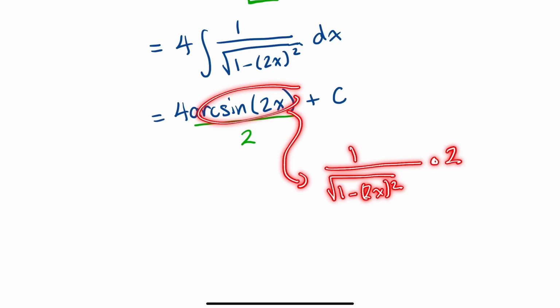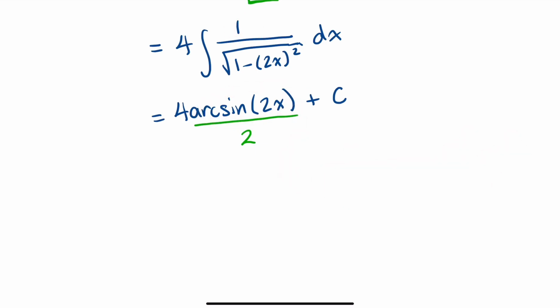And so the original function does not have a 2 in here. So in order to compensate for that, we need to divide by 2. Or in other words, we're going to multiply by a half in order to get rid of that 2 that we just added. And so we can further simplify this to 2 arc sine 2x plus c.